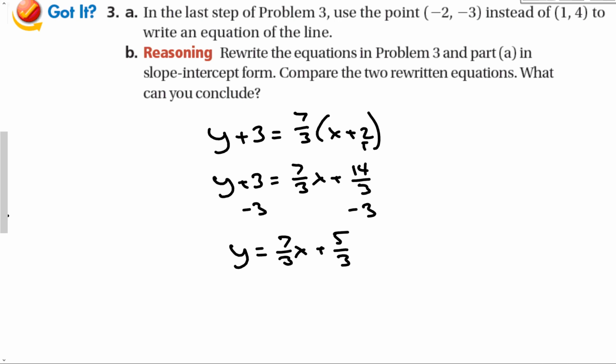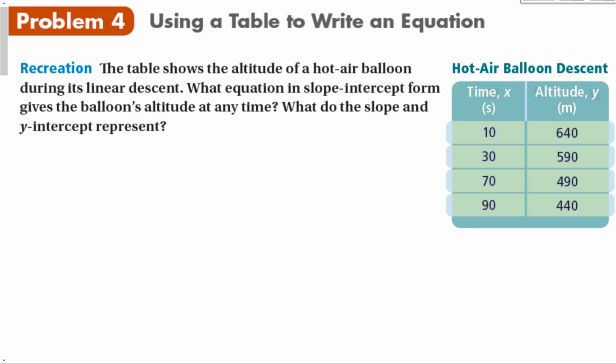Makes sense, because these are the same line. So if we put things into slope-intercept form, we can see that it does not matter which point we pick. All that matters is that we plug them in correctly. Be careful of the signs.